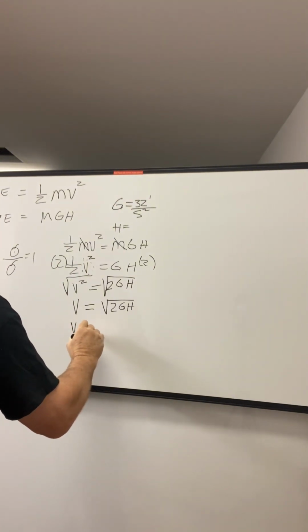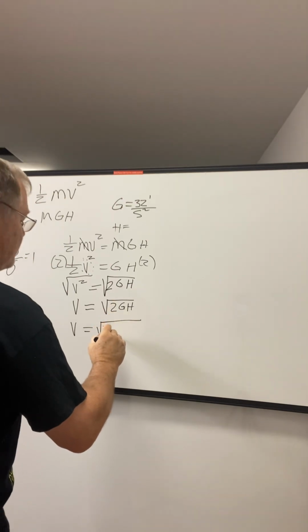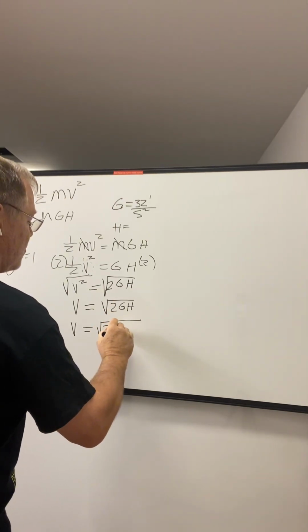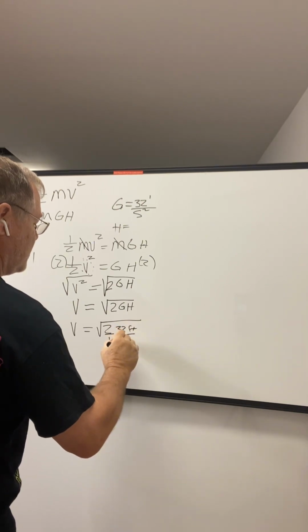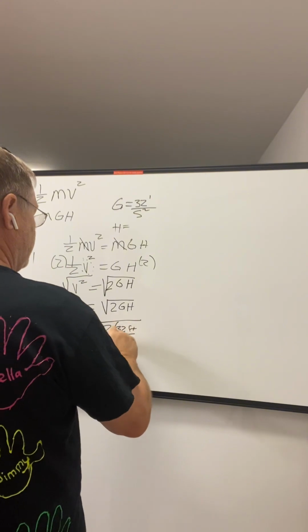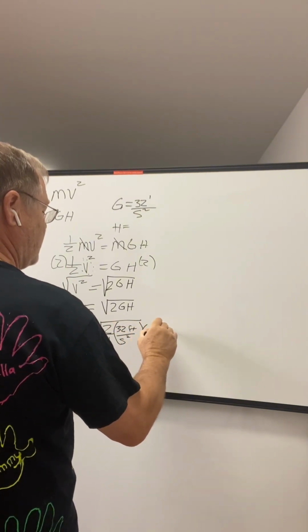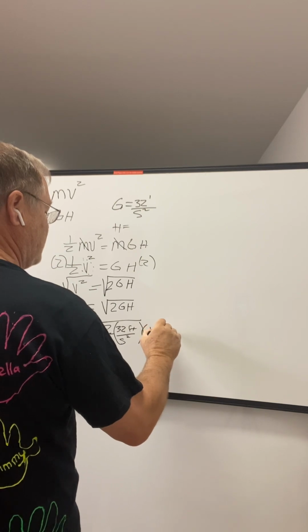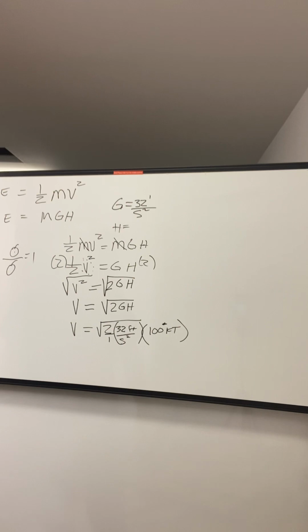So velocity equals the square root of 2 times 32 feet per second squared times height, which is 100 feet. Okay?